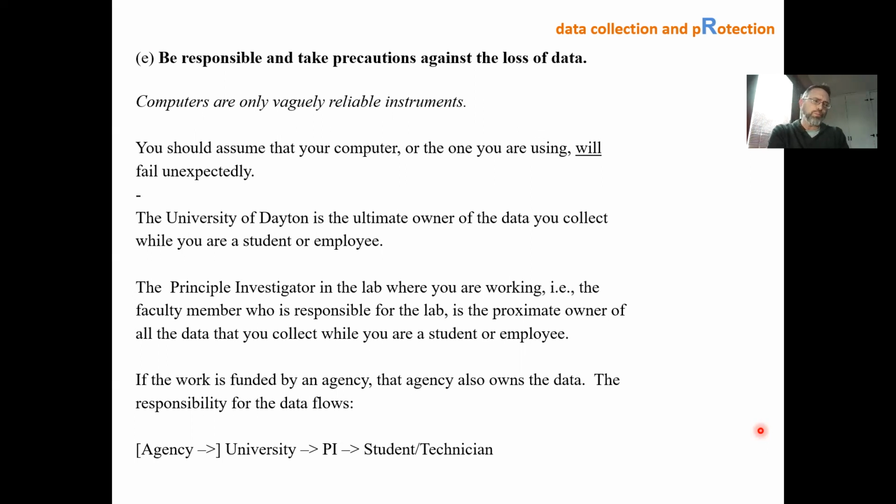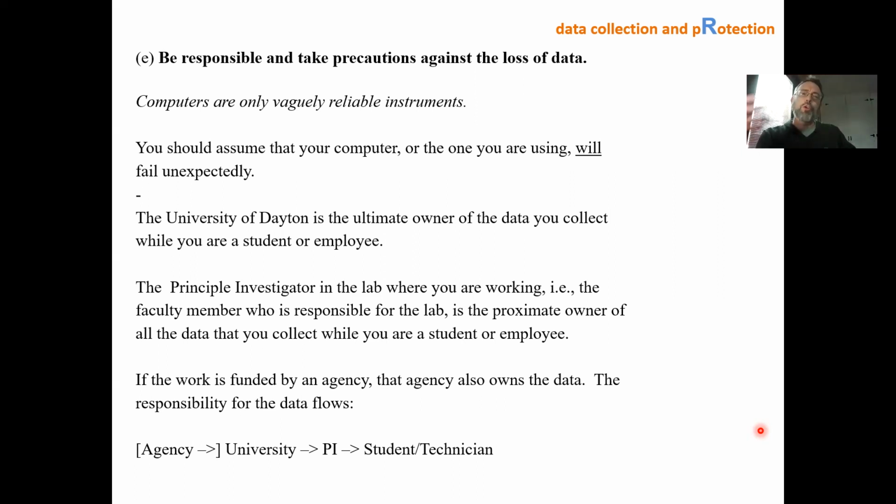Here's a side point, and this is where we're really suffering a little bit from not being in class together. This would be a point that might generate some conversation. It's important for you, if you're a student, which you are if you're in my class, to understand that the University of Dayton is the ultimate owner of the data you collect as a student or employee. The university as a whole is responsible for the data, especially if it's on a funded project.